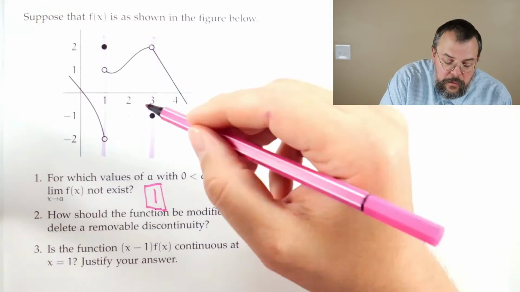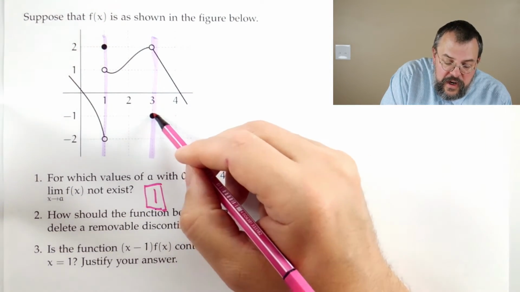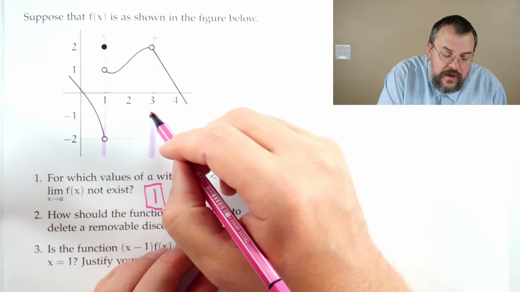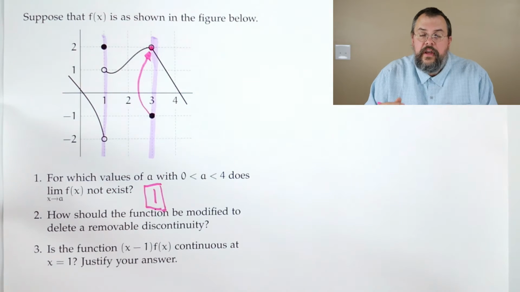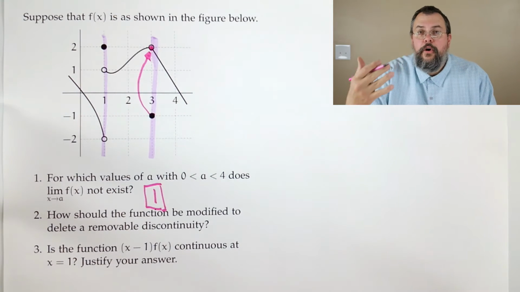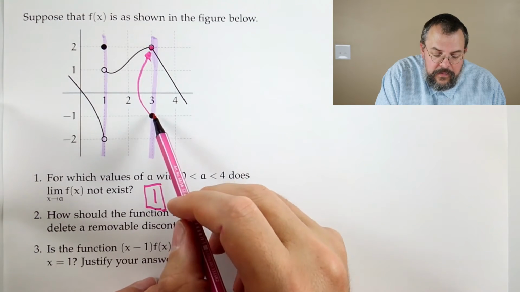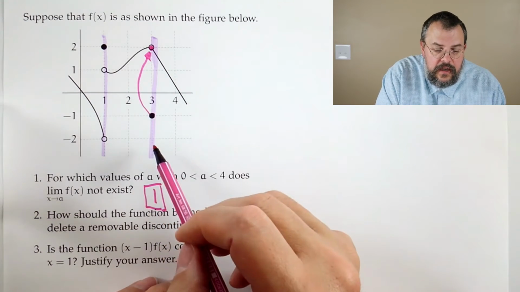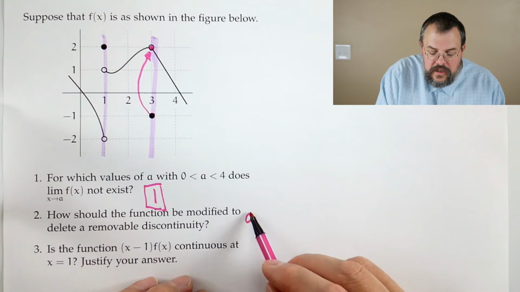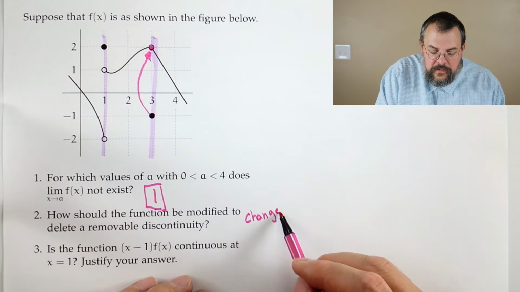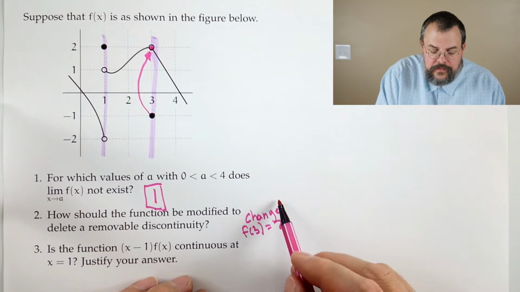So we say, okay, how do we want to do it? What we want to say is, look, this is defined incorrectly. What we need to do is redefine it to fill the hole. So that's our goal: how do you fill the hole? Well, the coordinate that fills the hole has input 3 and output 2, so we should change our function f of 3 to equal 2.